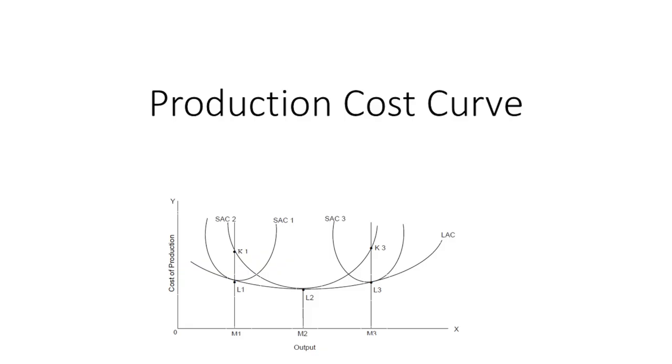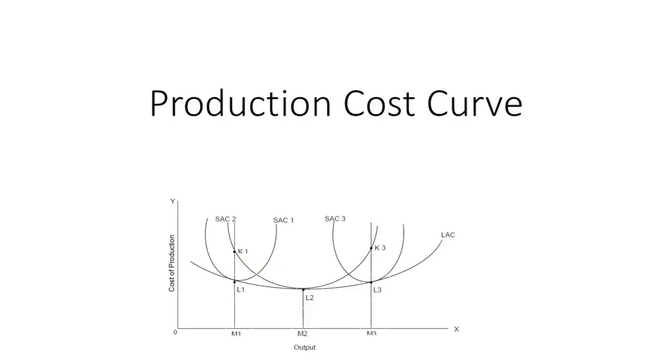For OM1 output, the long run cost of production is M1L1, but the short run production cost is K1M1. Here SAC1 is the short run average cost, and the difference K1L1 is the difference between the short run average cost and the long run average cost.